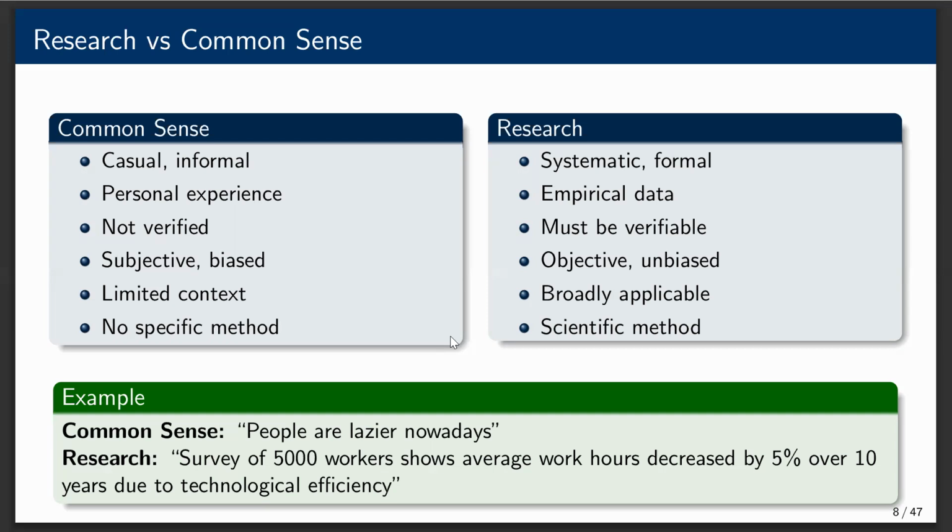If you do, then it will show average work hours decreased by 5% over 10 years due to technological efficiency. Okay, so this is a concrete statement which you have provided. You are saying that you have done an excellent survey of 5,000 workers where average work hours decreased by 5% over 10 years due to technological efficiency.